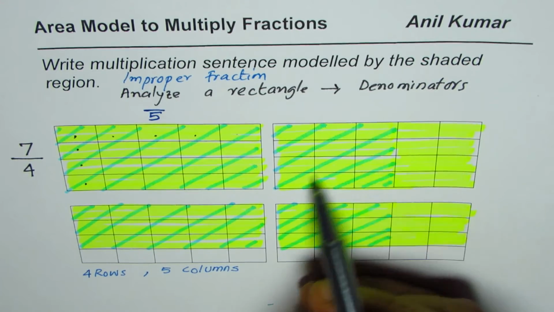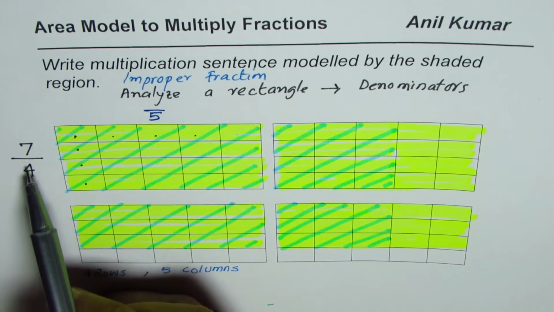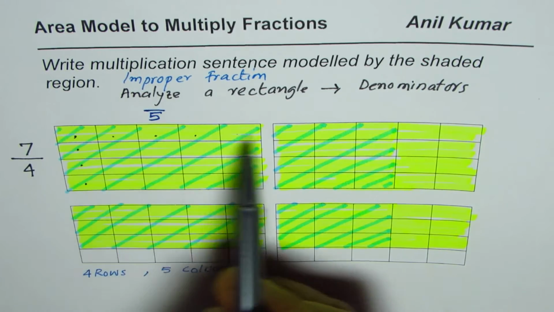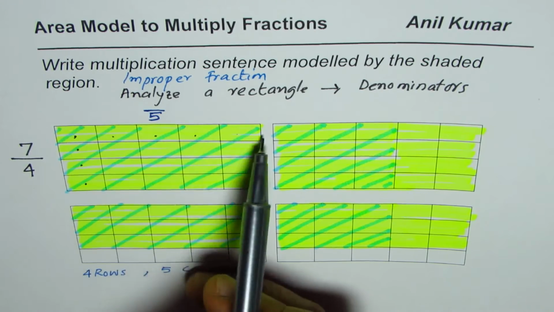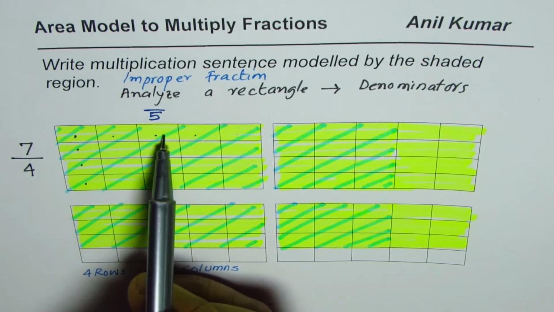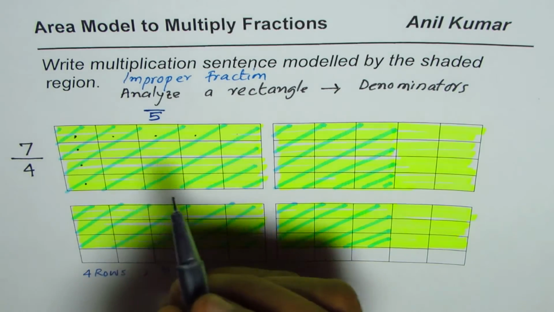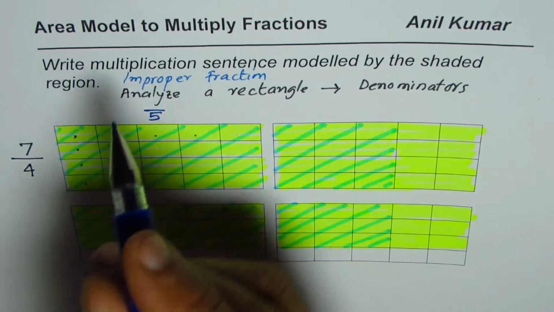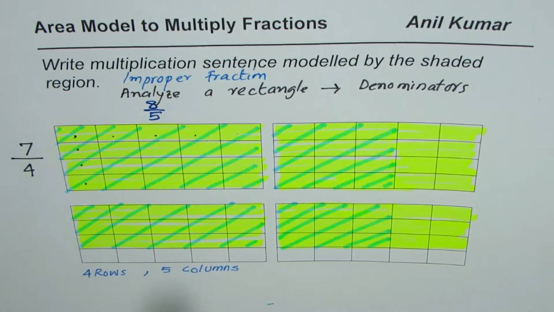Similarly, let us now count the number of columns shaded. The portion shown is the common part, that is 7 out of 4. Each column is 1/5, correct? 1, 2, 3, 4, 5, 6, 7, 8. So here we get the number 8, so 8 columns are shaded. Do you see that?